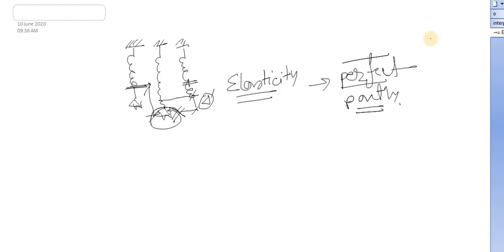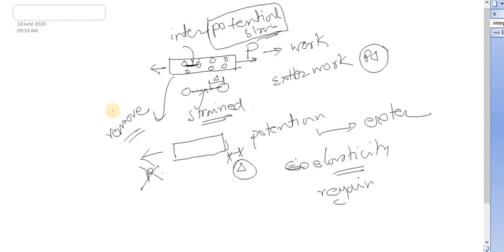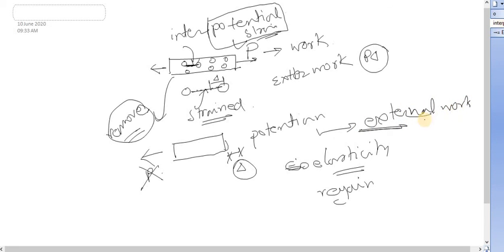Now why is this happening? Going back to the physics: after removing this load, the potential strain energy was converted into external work. That's why it came back to its original position.